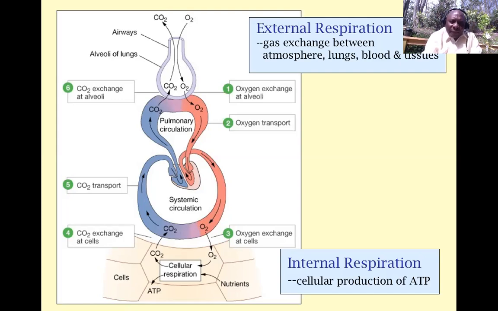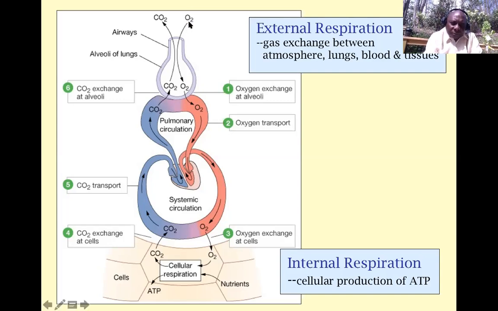And so let's begin with external respiration. And let's track the gases as they move, which is essentially oxygen and carbon dioxide. And then we'll go into more details later.